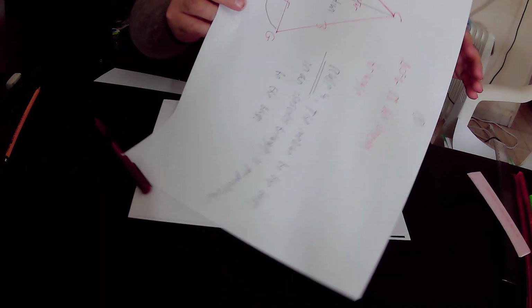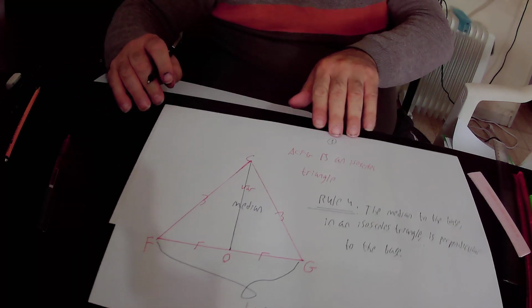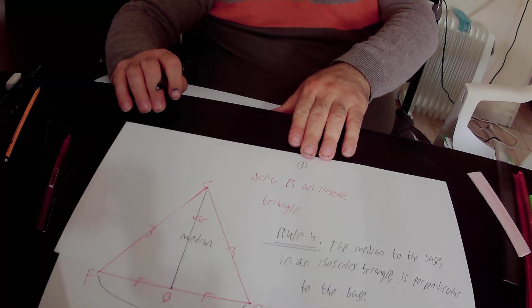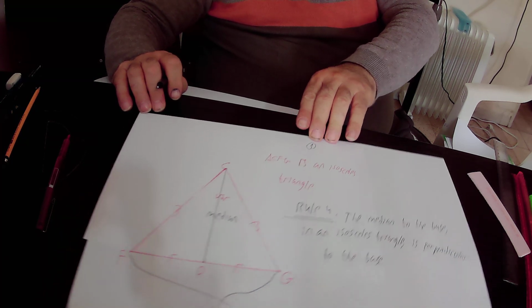So I'll read rule number 4 again. According to rule number 4, the median to the base in an isosceles triangle is perpendicular to the base.